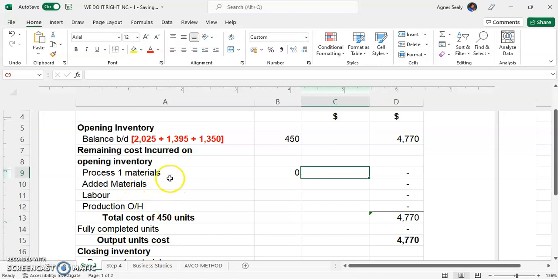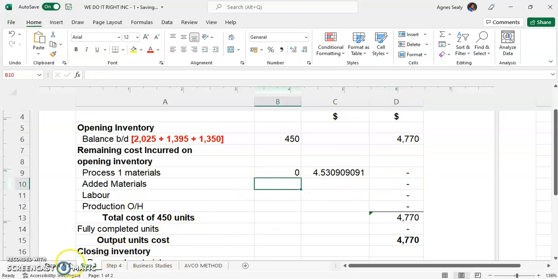But I want to show this because in another question you may have equivalent units on your process one material, and if that happens, you need to know that it has to be included as part of your remaining costs incurred on opening inventory. The cost per equivalent unit for that is 4.53090991, and when you multiply the 0 by the cost per equivalent unit, you get 0.